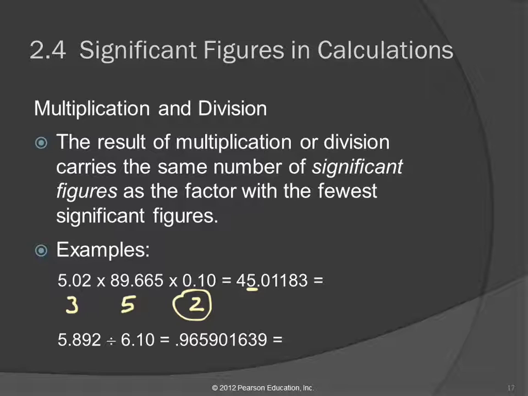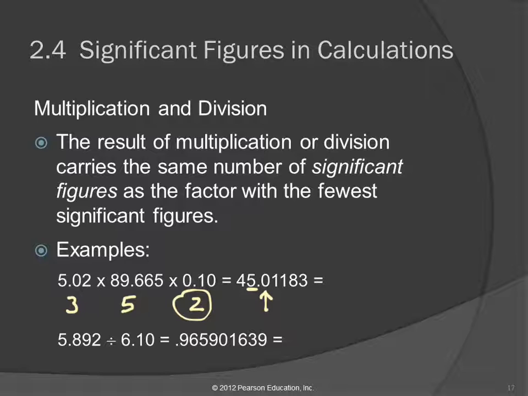We have to be careful when we round that we round correctly. So we're going to be getting rid of this 0. If that number is less than 5, we round down, because 45.01 is closer to 45 than 46, right? But if that 0 was like a 6 or a 7 or something, then we'd round up, okay?